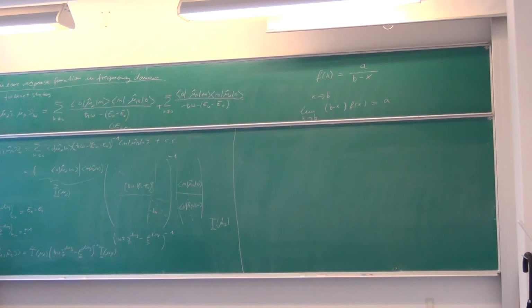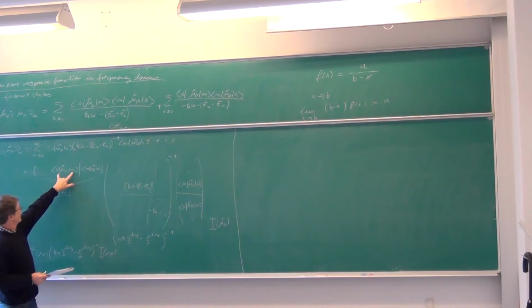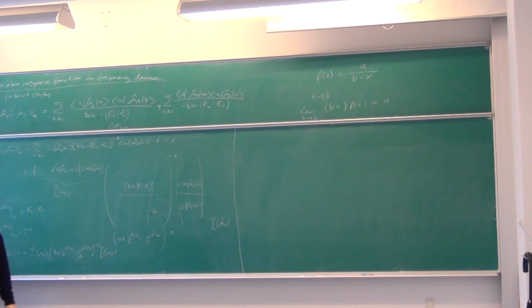But we don't know the exact states. We have to work with approximate states, Slater determinants as representations. So what I have to do now is, in these transition moments, expand those exact states in the kind of approximations we looked at when we talked about correlated wave function methods, which essentially is a change in basis.